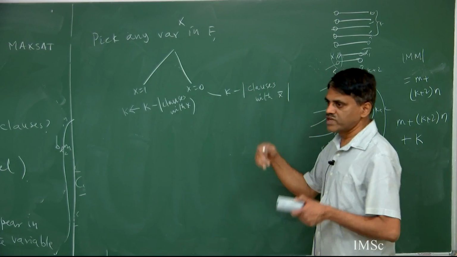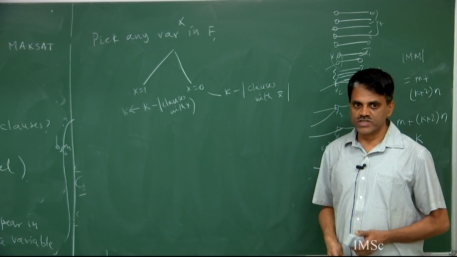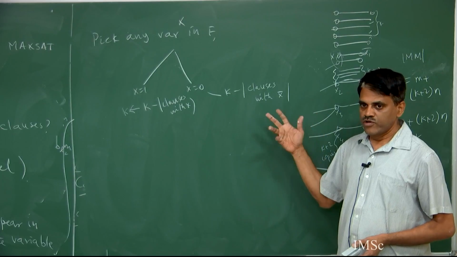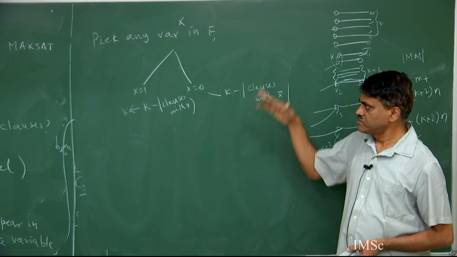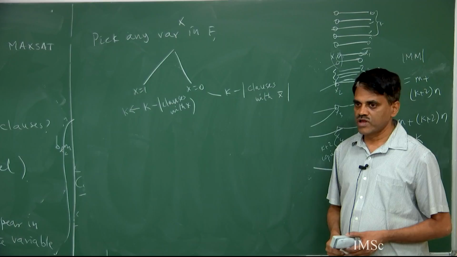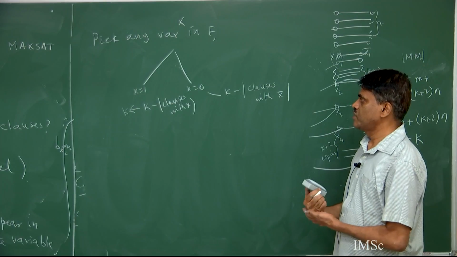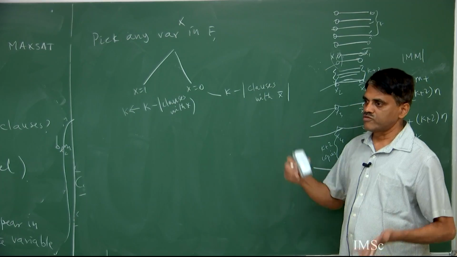Since we have ensured that both of them appear at least once, k would drop by at least 1 in each of these, and you will have a 2 power k kind of a branching algorithm.